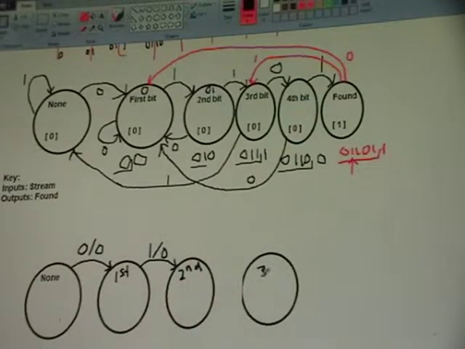Okay, third, so second bit would be 1, still haven't found it, so that's 0. Another circle in here. Whoops, didn't do a great job on drawing that one. So you need another 0 there.